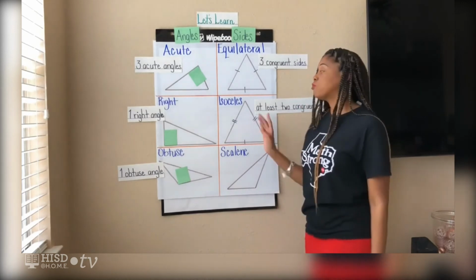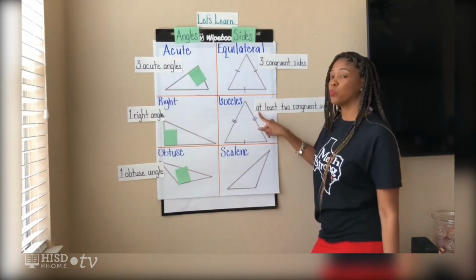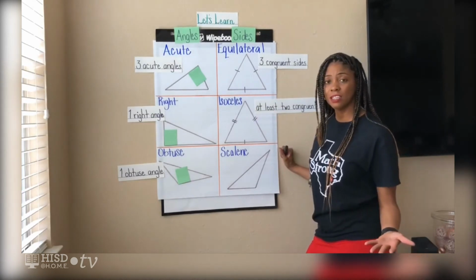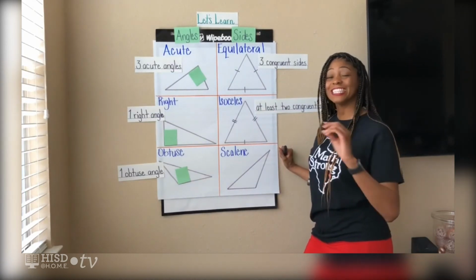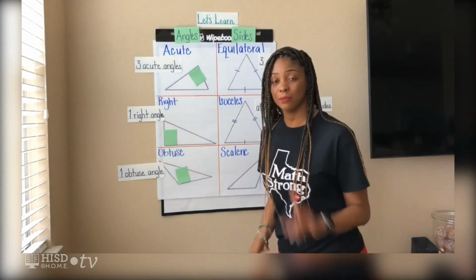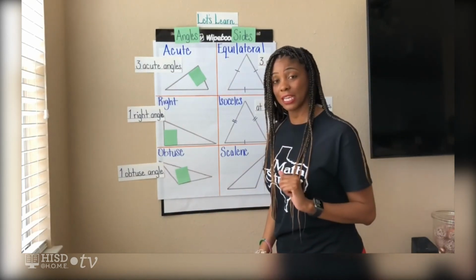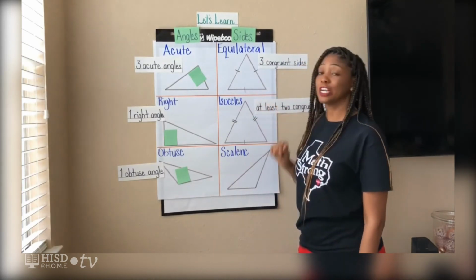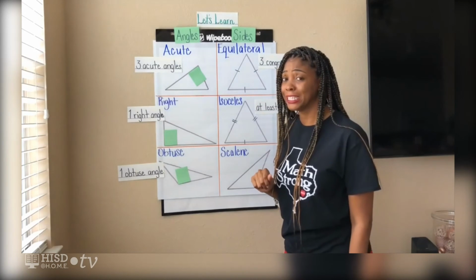But one thing, before we move on, let's talk about these two words, at least. What does that mean? Yes, that means at the bare minimum. At the bare minimum, two sides are the same length. So let's jump back up to equilateral. Are two sides the same length?